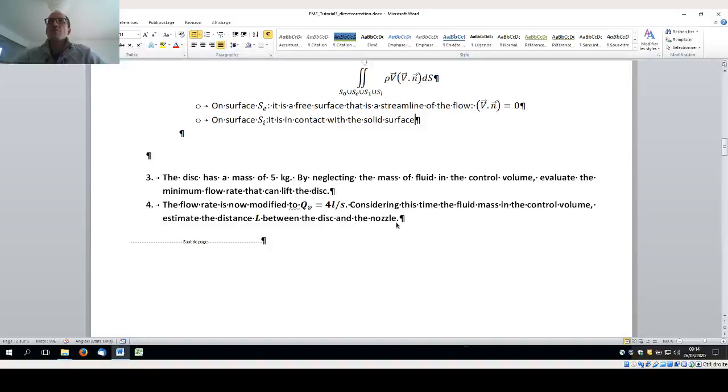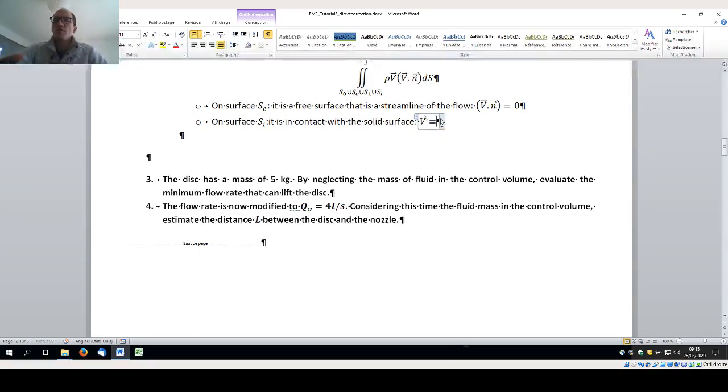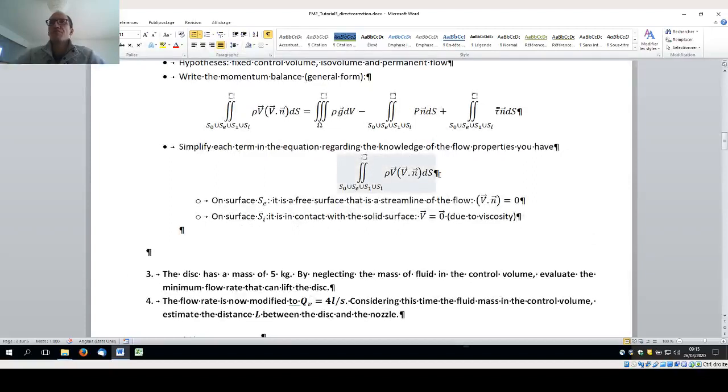This is simply the fact that the velocity is equal to 0 on this surface, the velocity due to viscosity. So this means that for this first element, the flux of momentum, what remains is only information about the inlet surface S0 and the outlet surface S1.